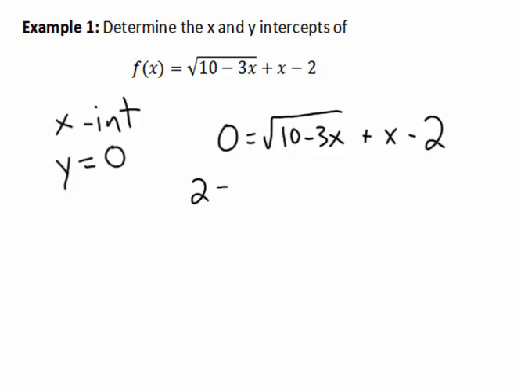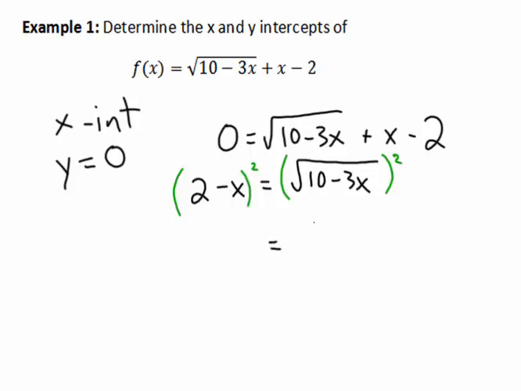That's going to leave us with 2 minus x is equal to root 10 minus 3x. Now, because this is a square root, we want to take both sides and raise them to the index. In this case, square both sides. That's nice for the radical because it just becomes 10 minus 3x.